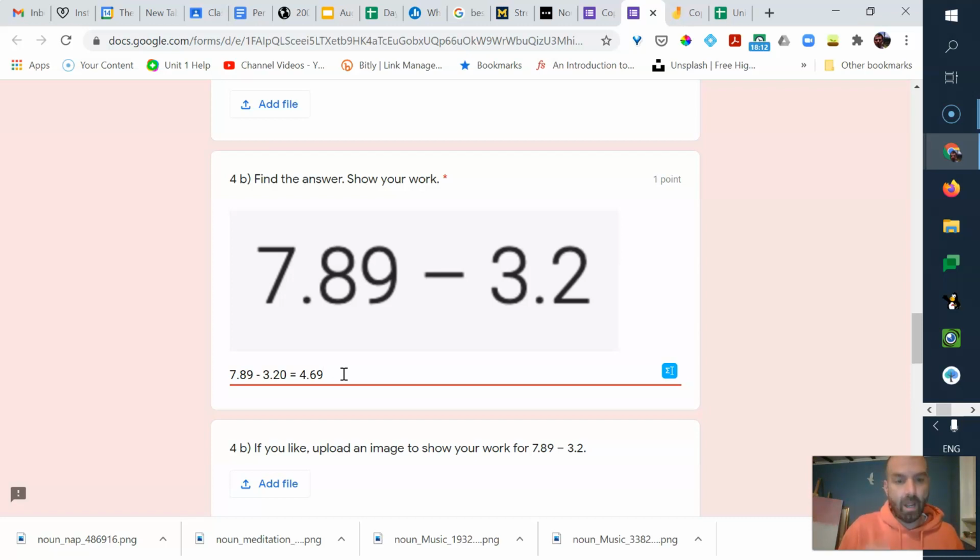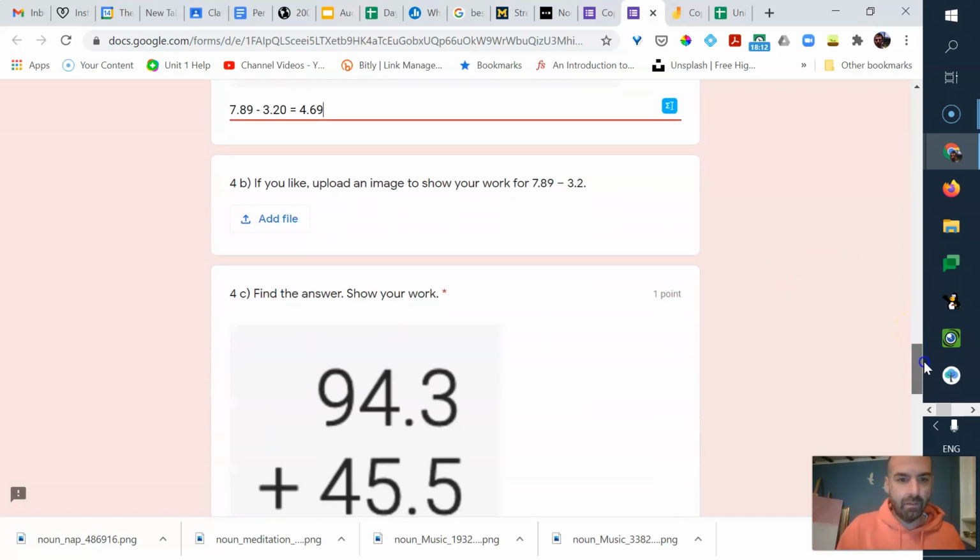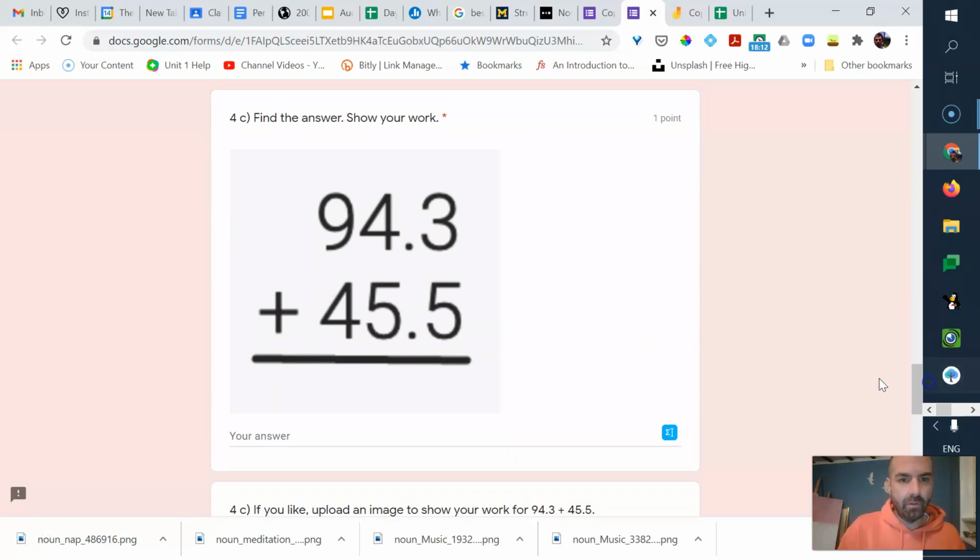If you just put 4 and 69 hundredths, that's not showing the work. I know. I get it. But it is what it is. Find the answer, show your work. So we have 94 and 3/10 plus 45 and 5/10. I mean, that looks pretty straightforward. There's no real carrying here. So I think I would just keep it the same.